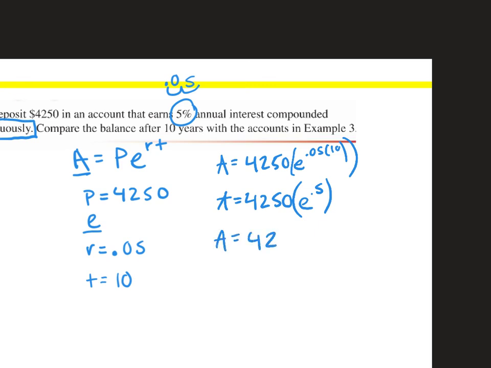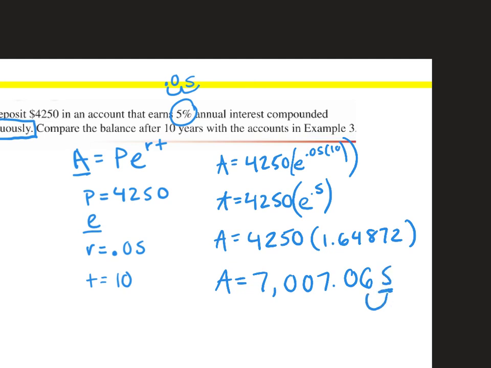So when I put in my calculator, I got 1.64872. Keep it in your calculator if you can, so you have all the decimals that come behind it. And we multiply that to 4,250. What'd you guys get? 7,007.0654. So 0.65. The 5 would mean this rounds up to 7. So 0.07.